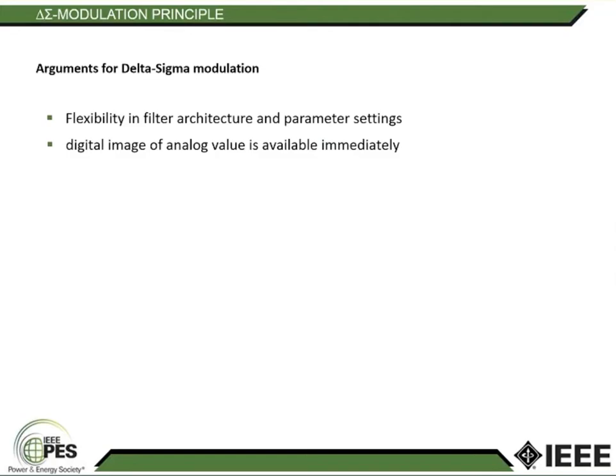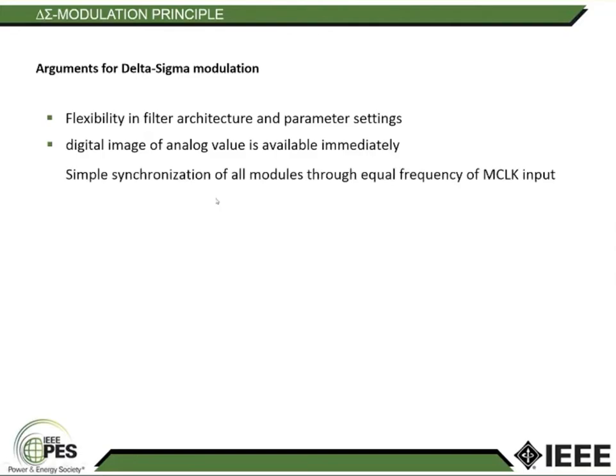So there's no in-between processing necessary, which is an advantage, as we mentioned before, because you're immune to magnetic fields, because you deal with a digital value right away. Simple synchronization of all modules through equal frequency of the M clock input. And last but not least, it's a cost-efficient solution for the targeted applications.